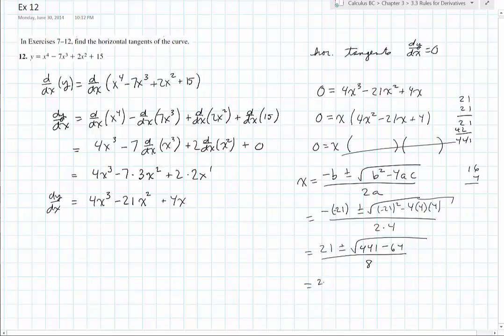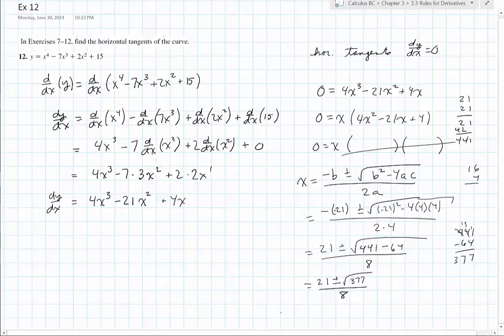So I get 21 plus or minus the square root of 441 minus 64, which is 377. Square root of 377 all over 8.